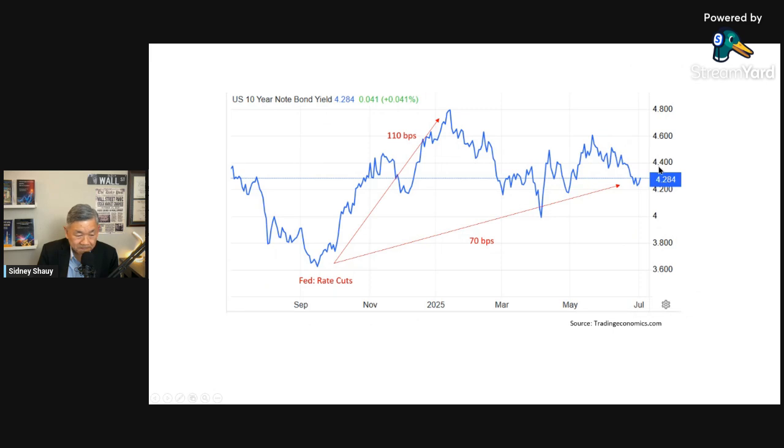And this is reflecting, of course, on the 10-year bond yield. Since the Fed started cutting rates in September last year, we've seen the 10-year grow 110 basis points. Now it's at 70 basis points.